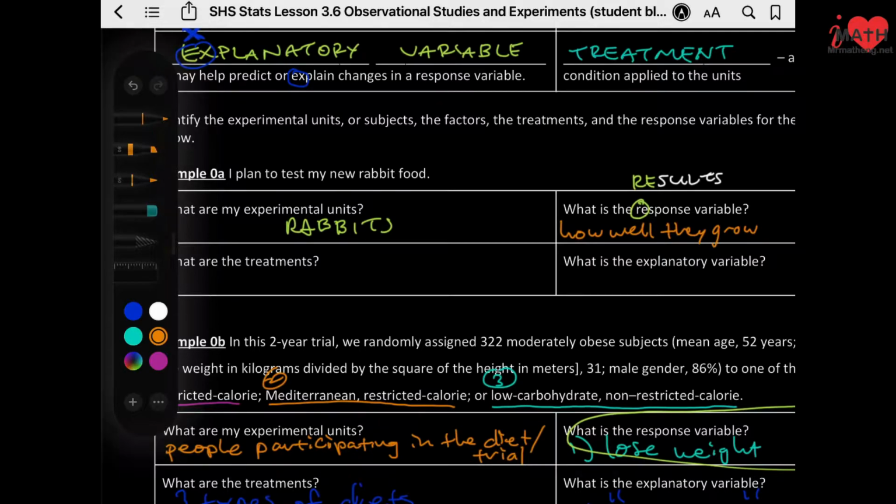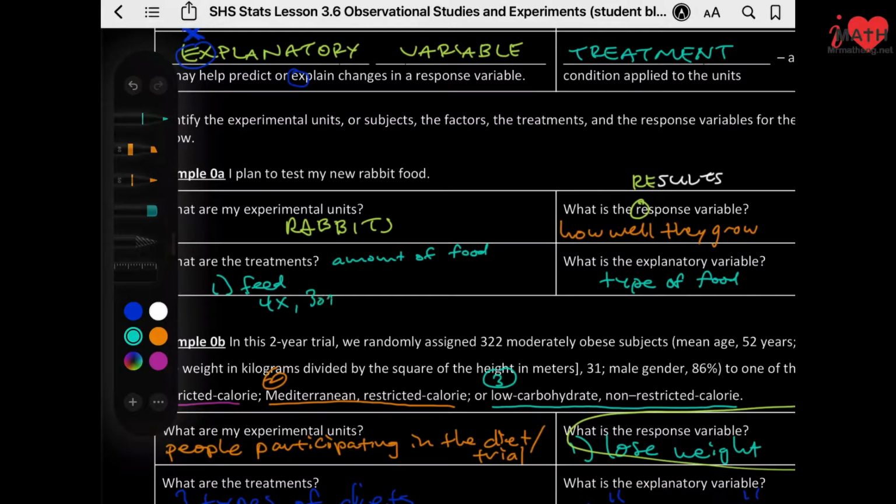Explanatory variable was the type of food. And the treatments, this can be the amount of food. I don't know anything about rabbits. So maybe for treatment number 1, you feed them 4 times a day, rather than 3 times a day with less food.